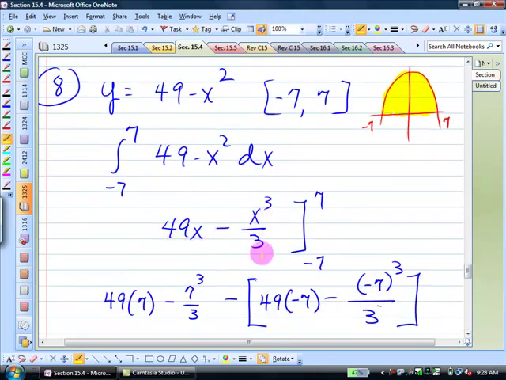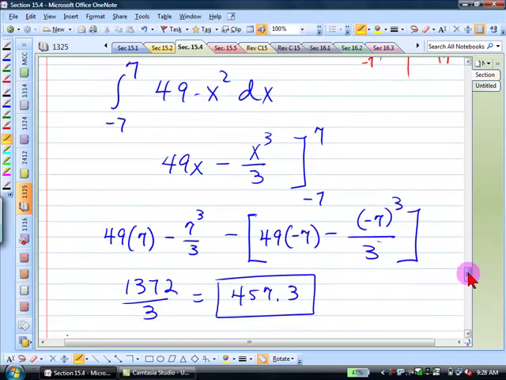49x minus x cubed over 3, evaluated from -7 to 7. This one we don't have a 0, so we got to do all the plugging in. So I put in 7 here, I put in -7 here, and you end up with 457.3. Could you do that on a Math 9?